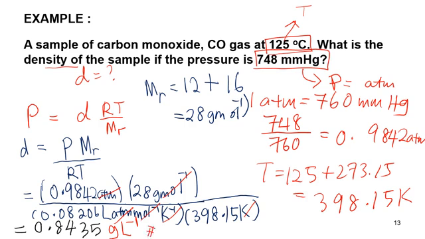Jawapan akhir dia mesti g L^-1, from the equation. Jangan pandai-pandai terus tulis gram per milliliter. Salah lah macam tu. Okay. So, habis untuk penggunaan formula dalam 5.1. So, the next hour saya akan terangkan pula theoretically for the ideal gas equation and the real gas equation. Okay.